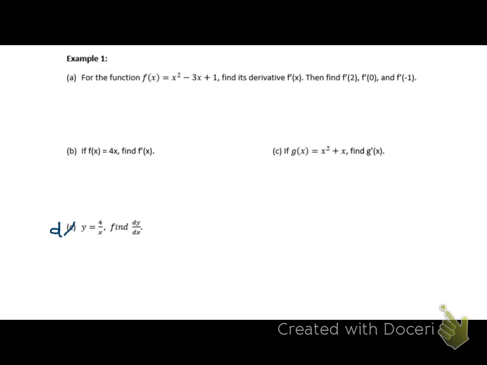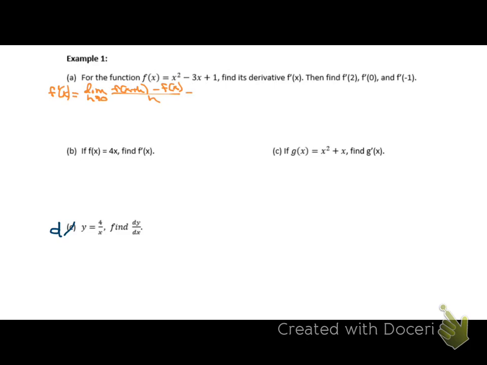We're just going to take the limit as h approaches 0 of f of x plus h minus f of x all over h. And remember, anytime you have something in parentheses, you're plugging it in for the x value in the original function. So this would give us f prime of x.